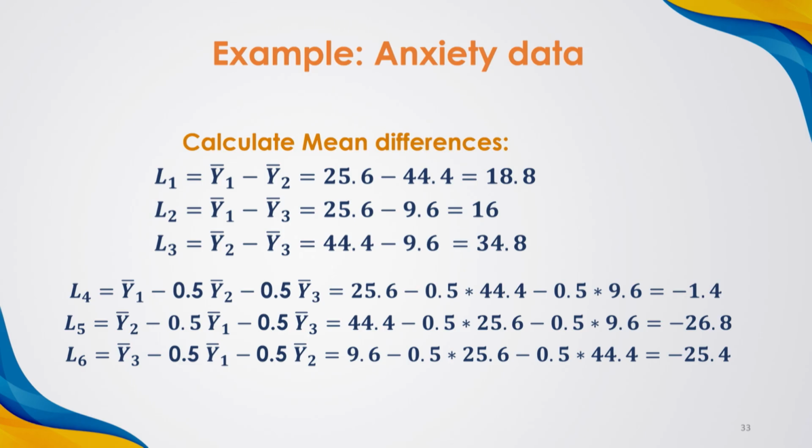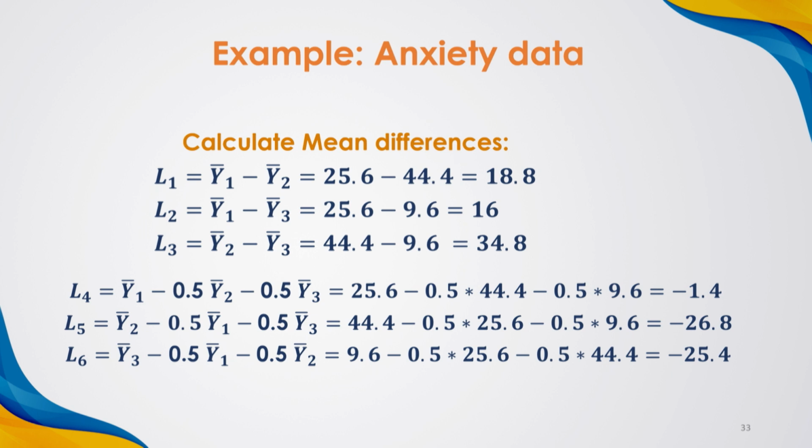We shall compute the mean differences L1, L2 and so on up to L6 based on the formula given in the previous slide. So, L1 is nothing but the difference of the first group mean and the second group mean, that is 25.6 and 44.6, we will get 18.8. Similarly, we will find out all mean differences from L1 to L6.